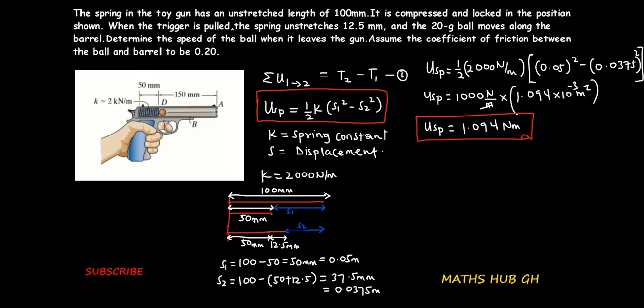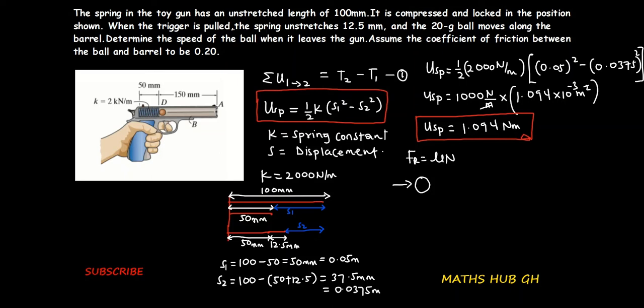So now, since there is friction, there's going to be work done due to friction, so you have to find that one also. The frictional force will be equal to the coefficient of friction times the normal force. When we look at the ball, let's say I have the ball here, and the spring force is acting in this direction.